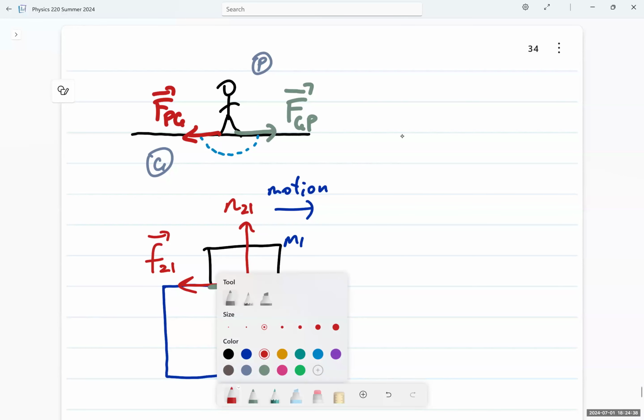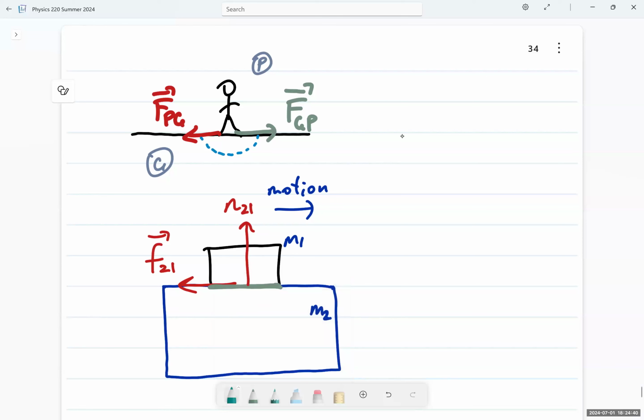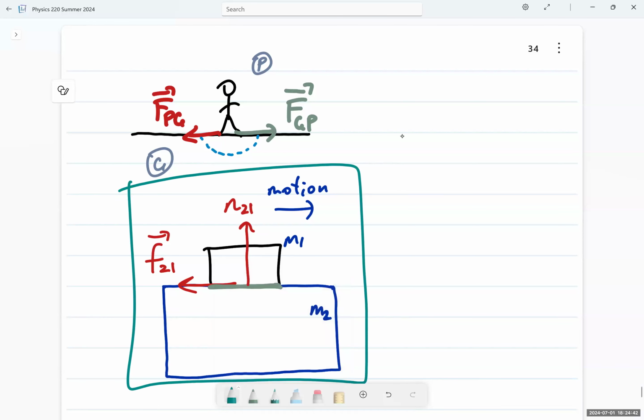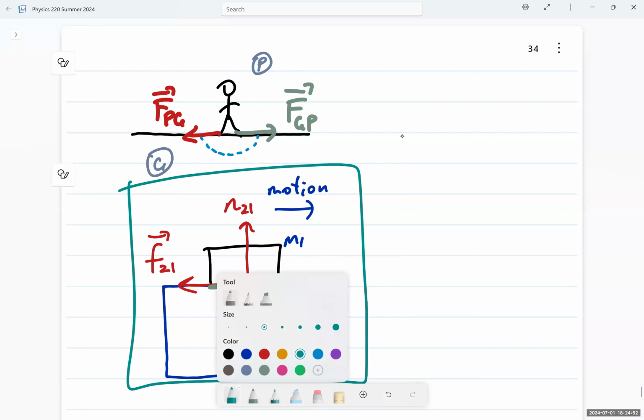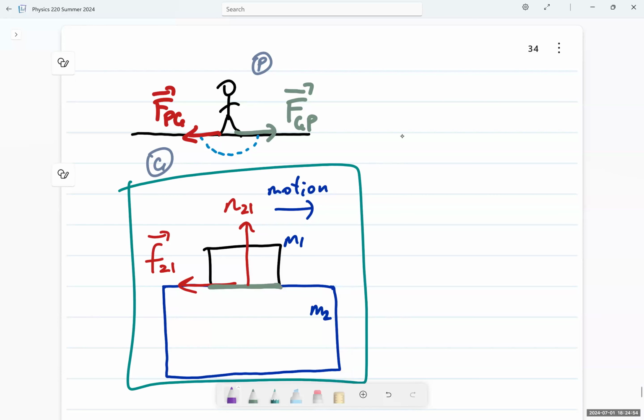Now if I take both of them as part of my system, then I also have to look at the interaction of M1 on M2. And if I'm looking at that, the exact same thing that is exerted on M1 from M2 will be on M2 from M1.